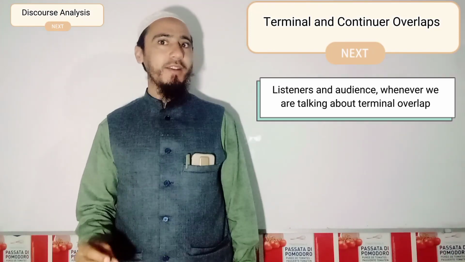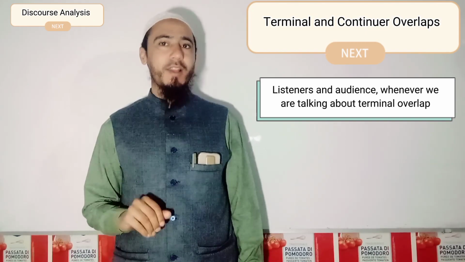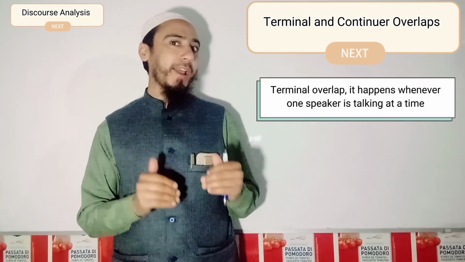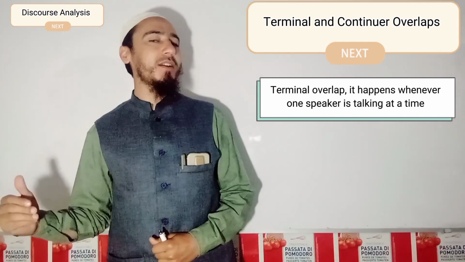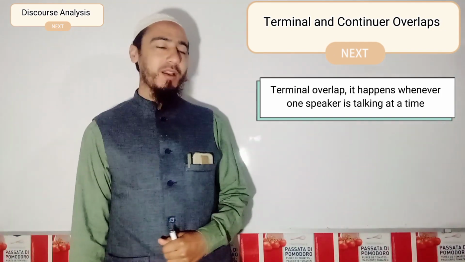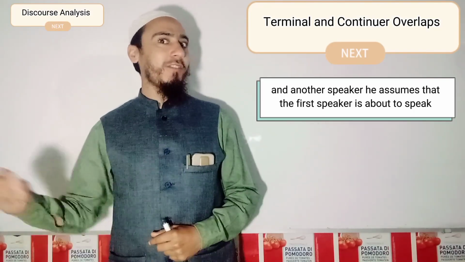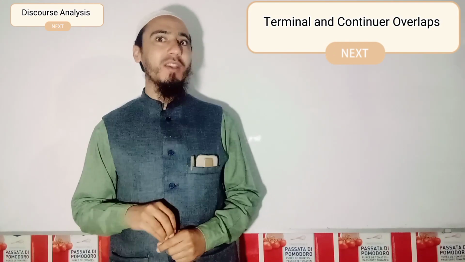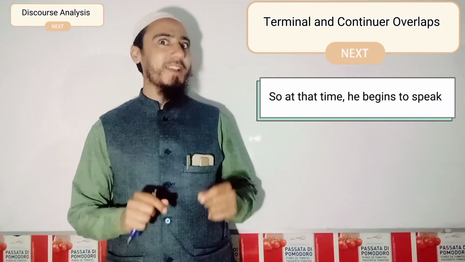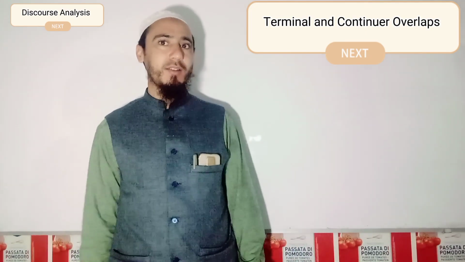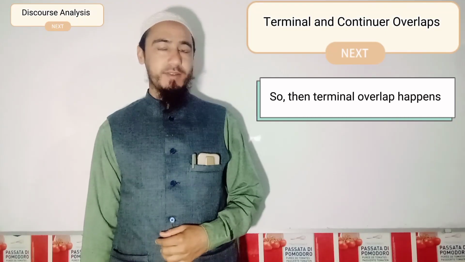Listeners and audience, whenever we are talking about terminal overlap, it happens whenever one speaker is talking at a time and another speaker assumes that the first speaker is about to finish or has completed his statement. So at that time he begins to speak. Then terminal overlap happens.